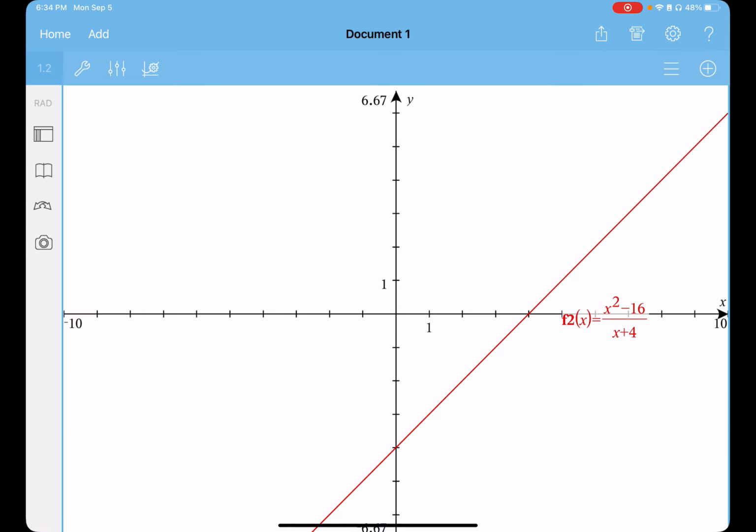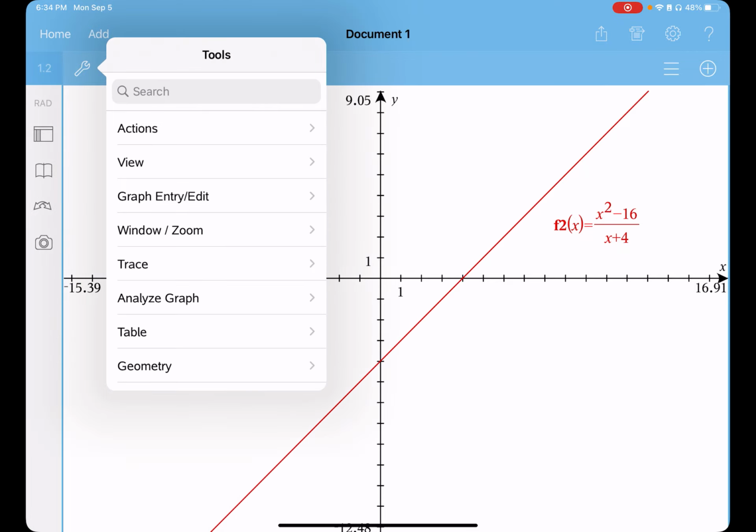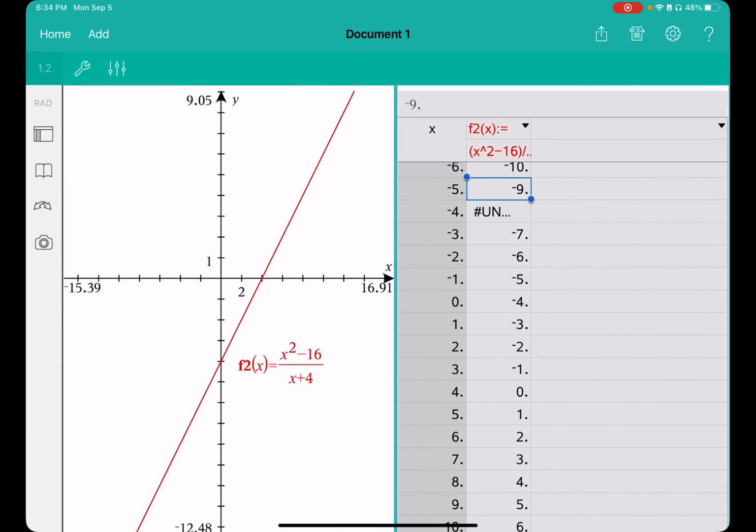I'm going to press enter, and you see you get a line. So I'm going to pull up the table, menu table, and we have some values here. So at negative 4, where it's undefined, that's where we said the hole is going to be. So that aligns with what we have already discovered.